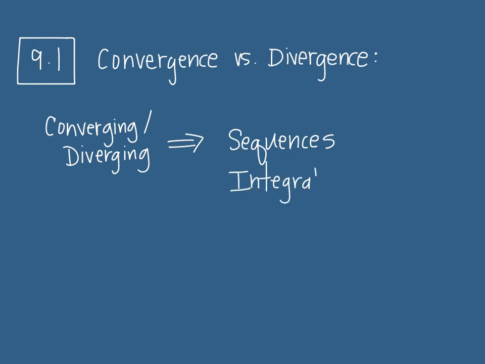All of our integrals so far have converged. We haven't done any divergent integrals. And then we will talk about series and sums, and that's the real kicker. That's going to take us all of chapter 10 and almost a whole month to cover. That's the big one.